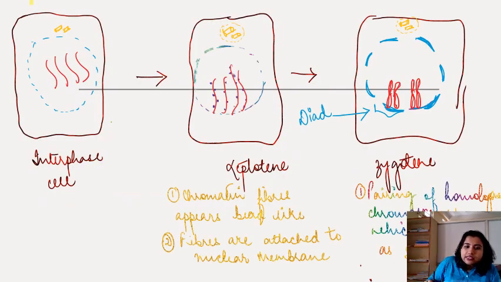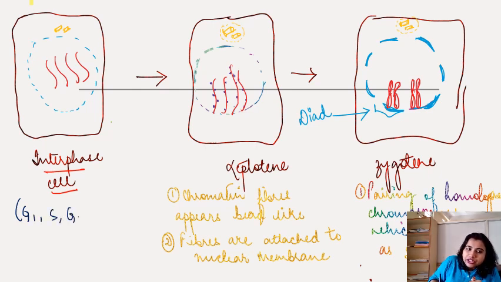I told you last class also that in meiosis, the cell which has gone through interphase will enter into the meiotic division. This is an interphase cell, which has completed its G1, S and G2 phases.